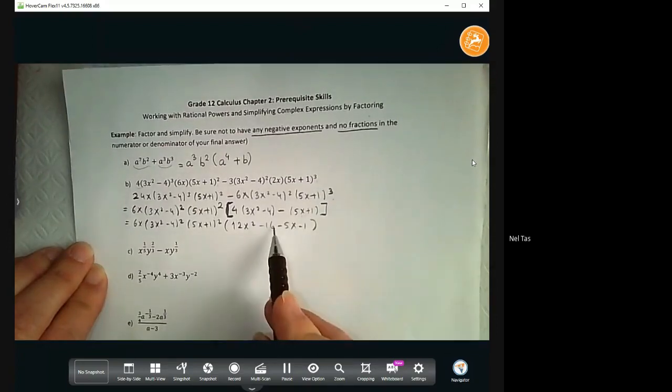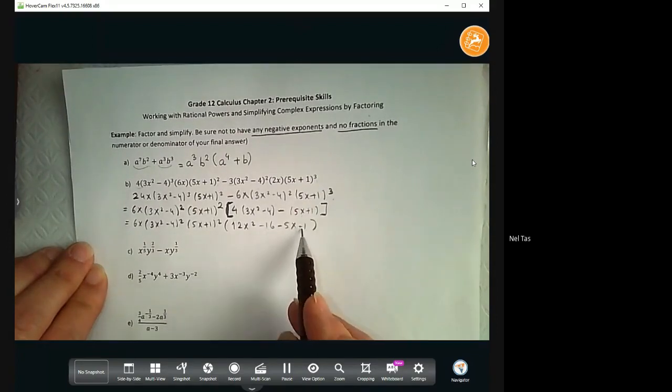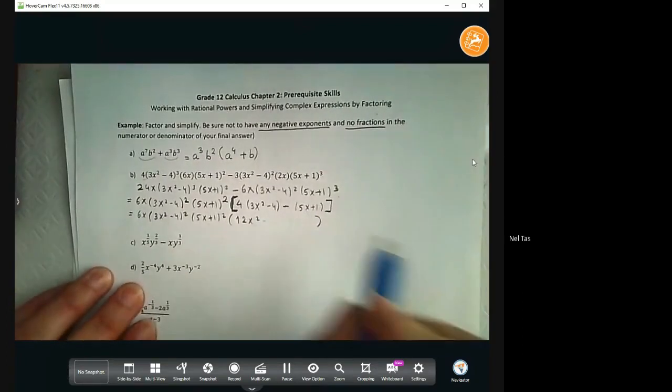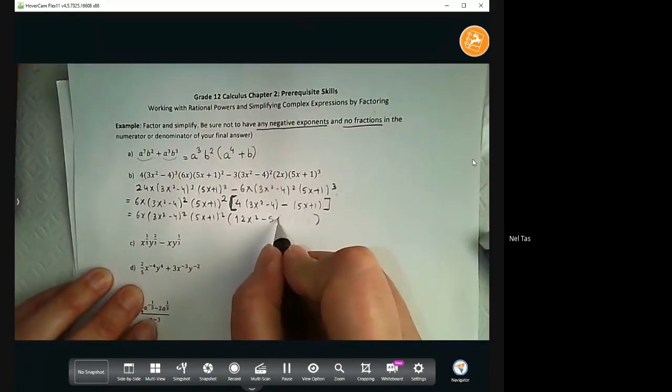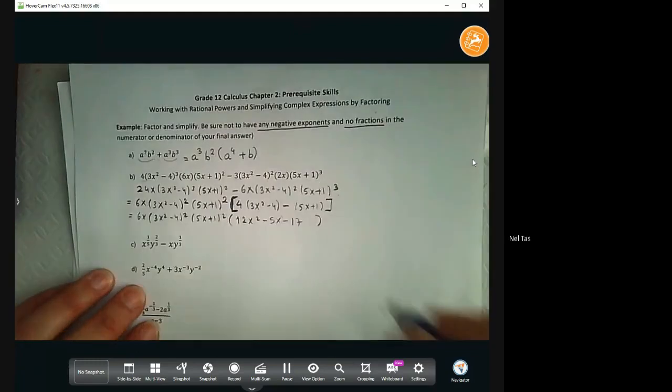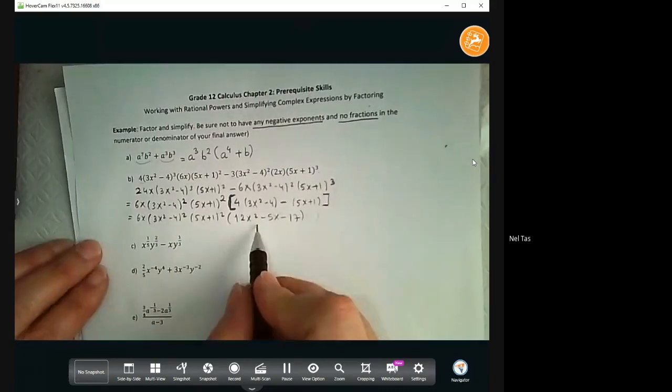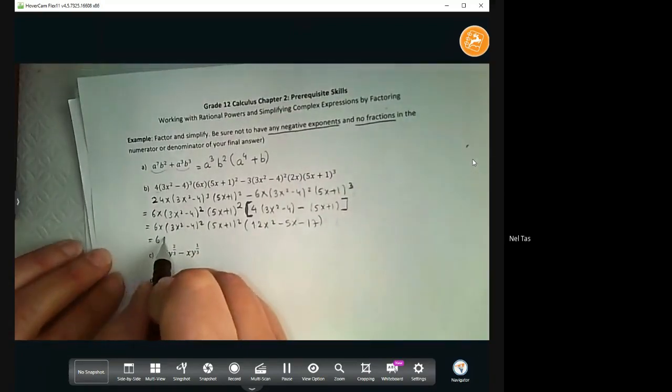Okay, so I'm going to collect negative 16 and negative 1. So that will give us negative 17. So negative 5x minus 17. And if this is factorable, you should also factor this. And this is also, again, factorable.